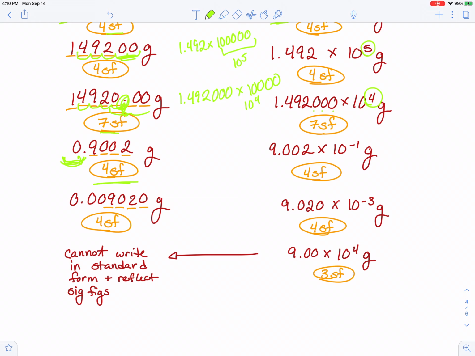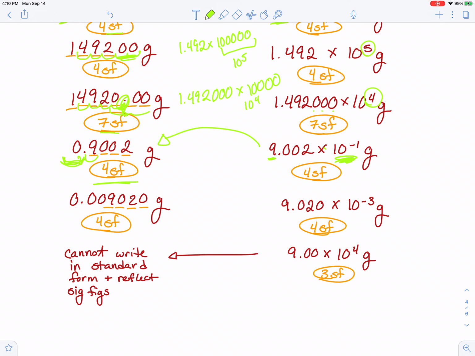So I'm going to move my decimal again so that my number starts in the ones place. And then times 10 to the whatever power I need to use in order to represent that original number. So in this case, I move my decimal 1 time to the right. Now it's because my number is very small that I need to do this.